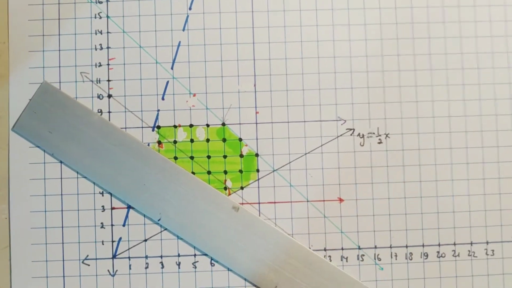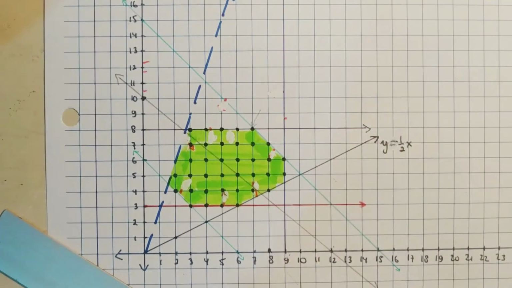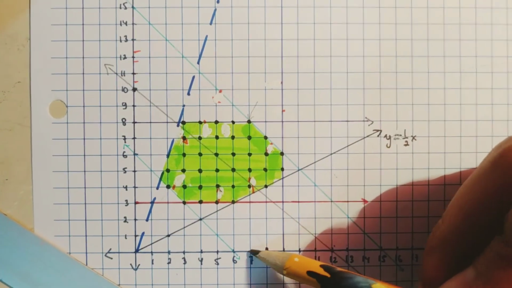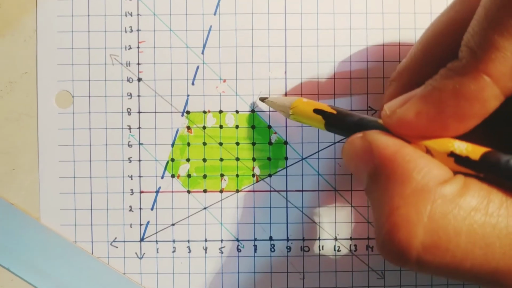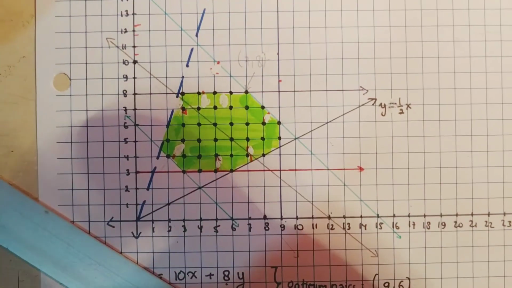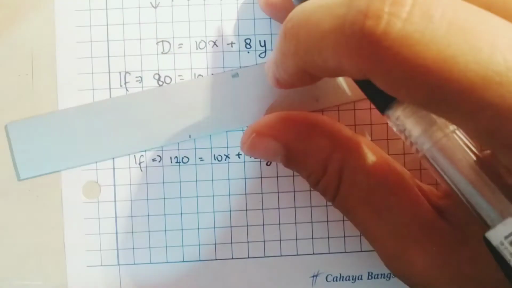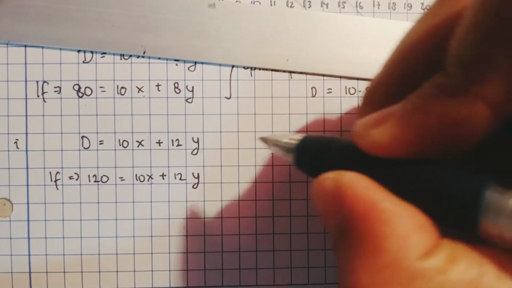So the answer is changed. Since we changed the function of the dollars, 7,8 will be the pair that gives us the highest possible value. So 7,8 is the optimum one.